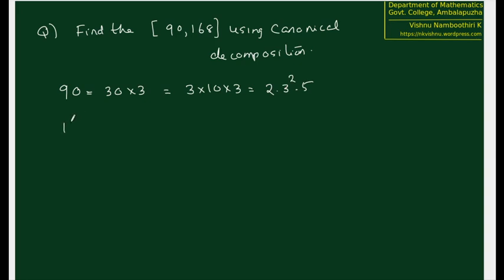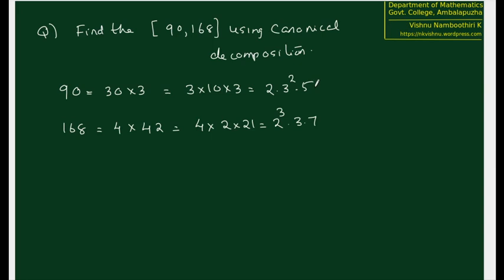Now 168, we can see that it's a multiple of 4. Therefore 4 into 42, this is equal to 4 into 2 into 21, this is 2 cube into 3 into 7.